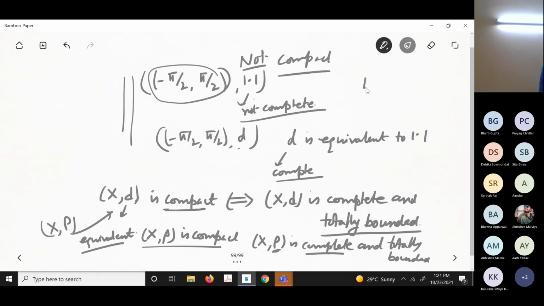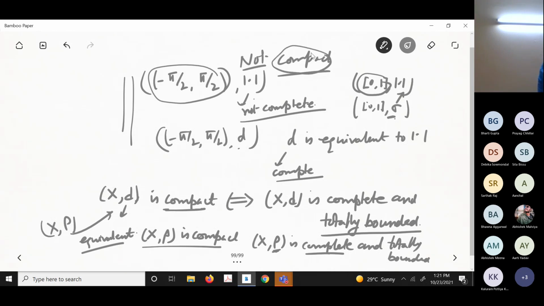If this is complete and totally bounded, and you take another metric sigma equivalent to this metric, it will also be complete and totally bounded because this is compact. So that is another importance of compactness.